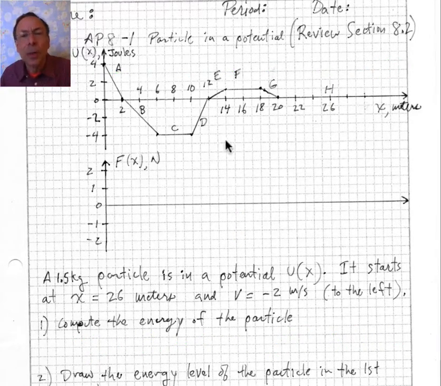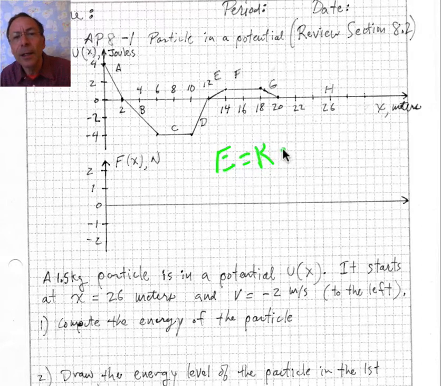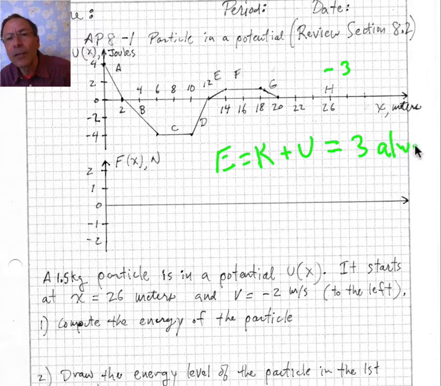We know E equals K plus U, and we know that it's 3 joules at this location. But according to the law of conservation of energy, if there is no friction, the mechanical energy will be constant. So this mechanical energy is going to be 3 always, until you take away some energy or put in some energy. But for now, it's going to just stay stuck at 3.